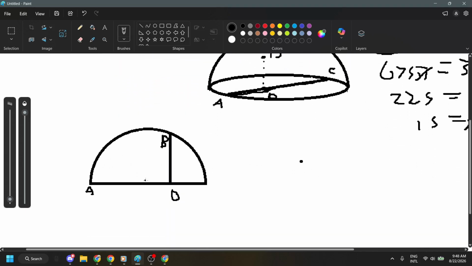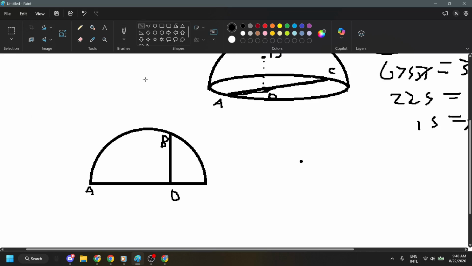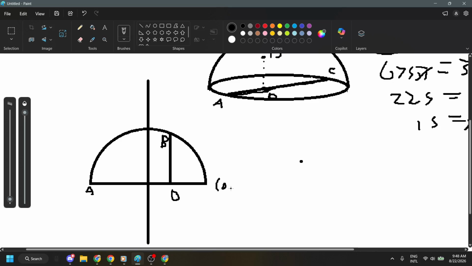Maybe we can use a formula, because let's say it's on a grid, then we know this is 0, 15, or no, 15, 0.